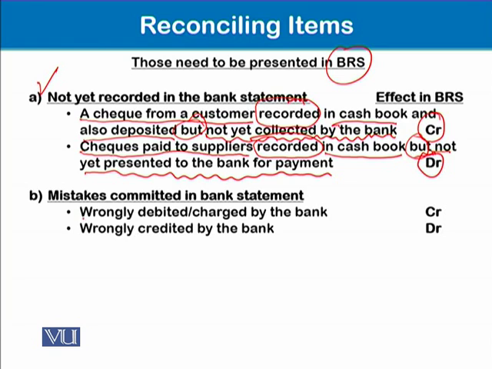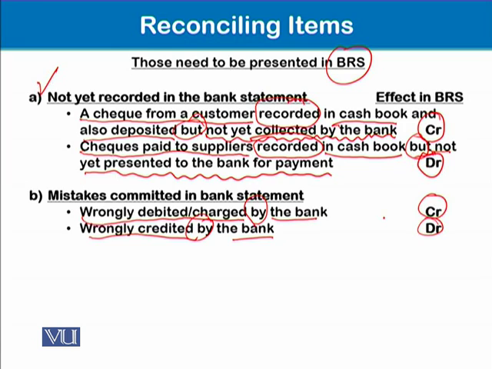That can be something wrongly debited or charged by the bank, meaning you did not make this mistake, or wrongly credited by the bank in your account. If it is wrongly debited, the credit effect will make it correct. And if it is wrongly credited, debit effect will make it correct.